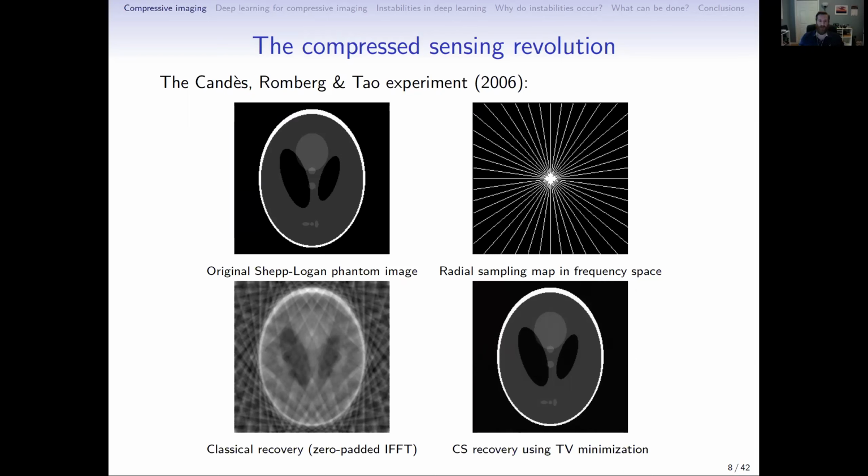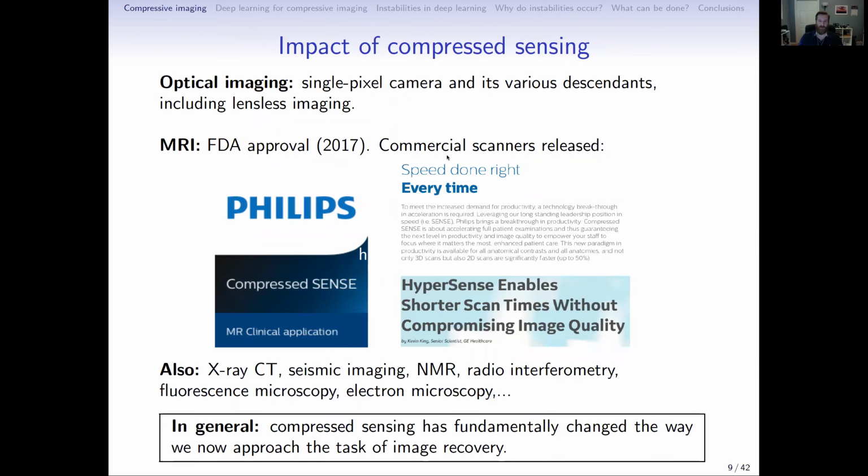This spurred a significant amount of interest in compressed sensing, and compressed sensing for image reconstruction. Very quickly, people started to apply this in applications. For instance, probably MRI was the first, due to the work of Mike Lustig and collaborators.